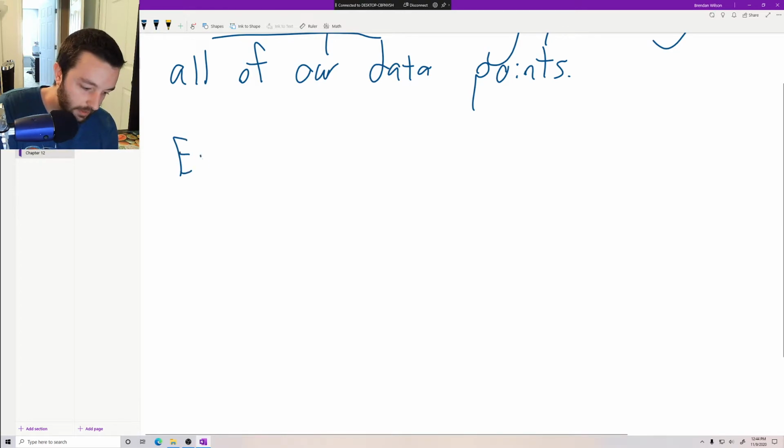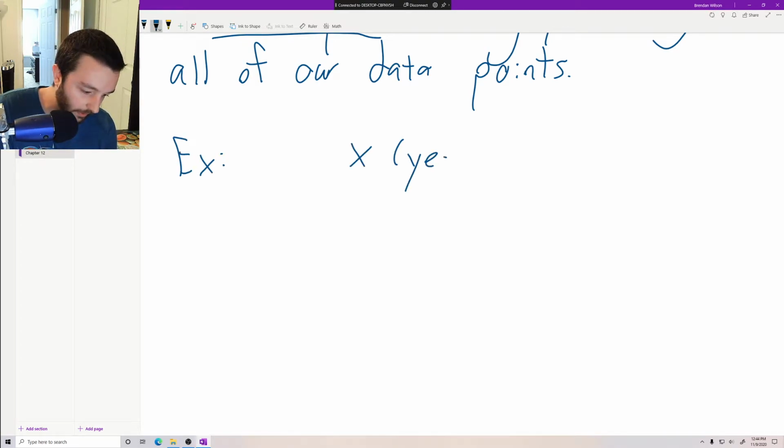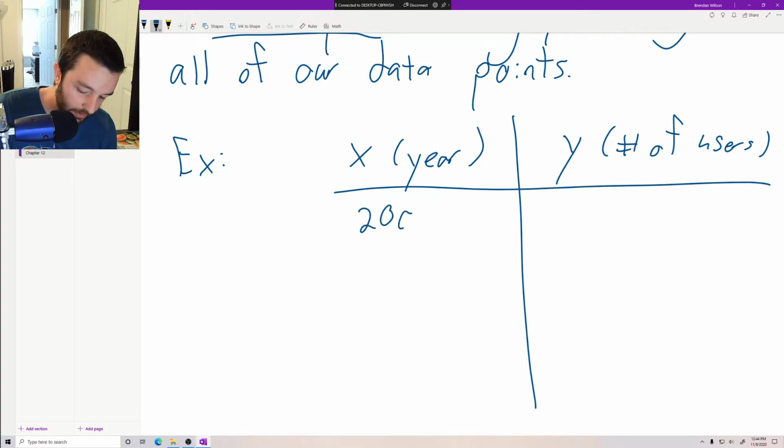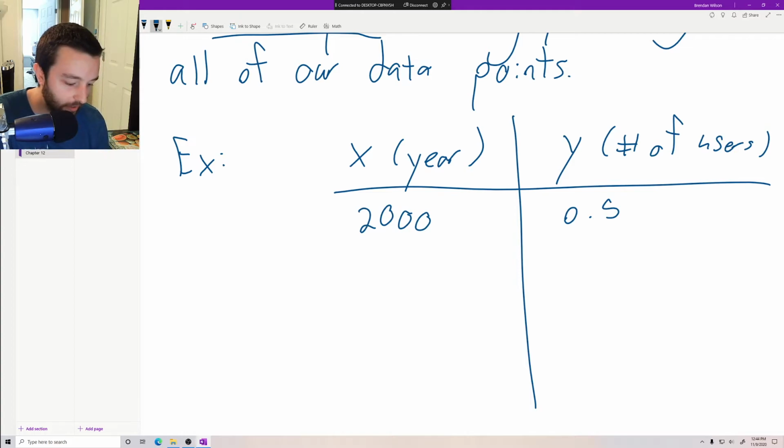So for example, let's look at this data that they have here, where X is our year, Y is the number of users. And they have in 2000, this company had 0.5 users.